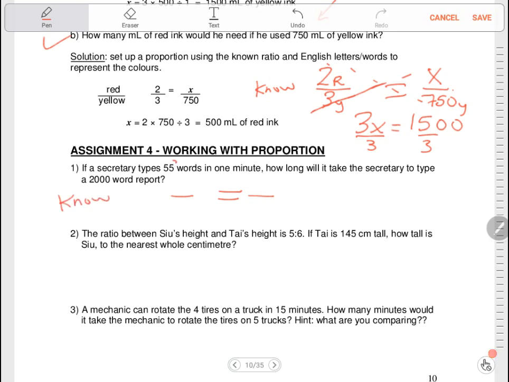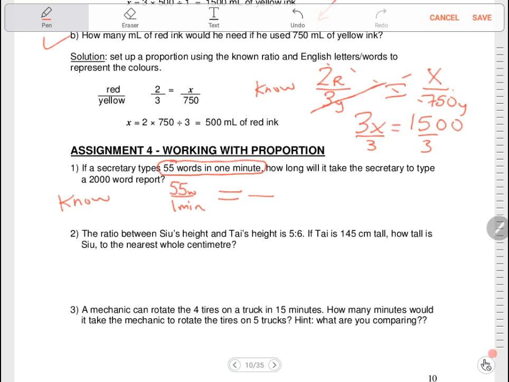I know that the secretary types 55 words in 1 minute. That is our connection. That is our relationship. So I'm going to go 55 words in 1 minute. Okay, so this person types 55 words in 1 minute.